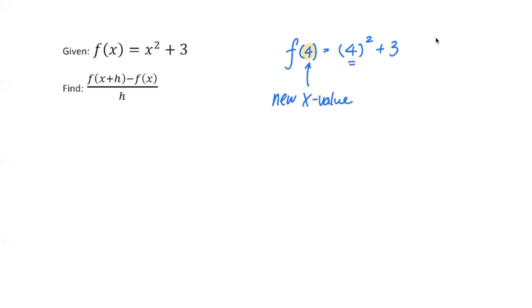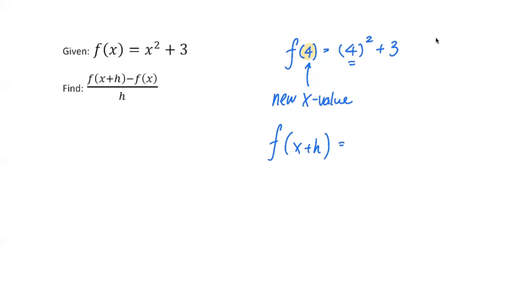Now, what if I tell you that it is f of x plus h? Okay, now the thought process is actually the same, but many students get confused because it's not a simple number 4. So some of you may think that, oh, because it looks different, maybe I need to respond differently.